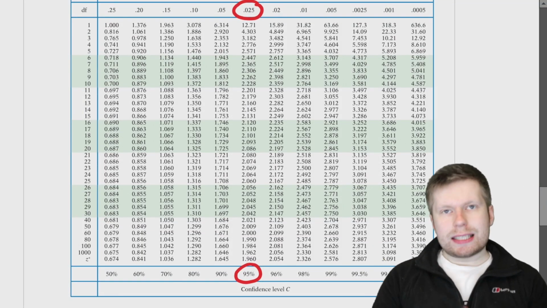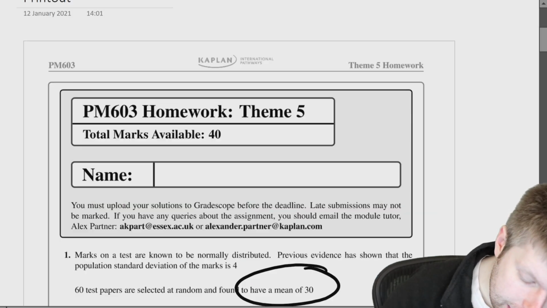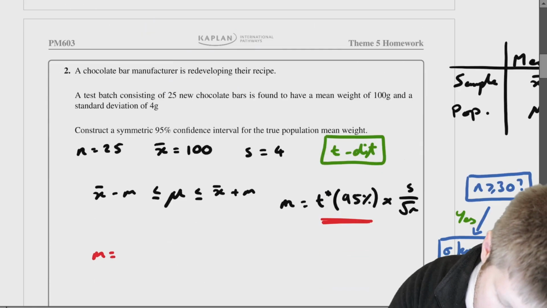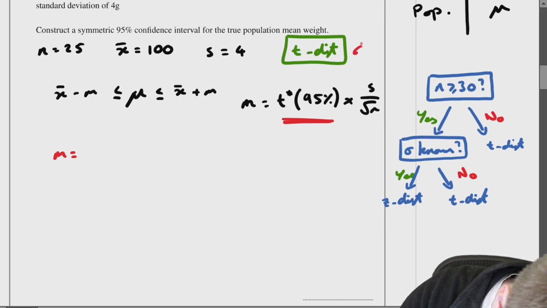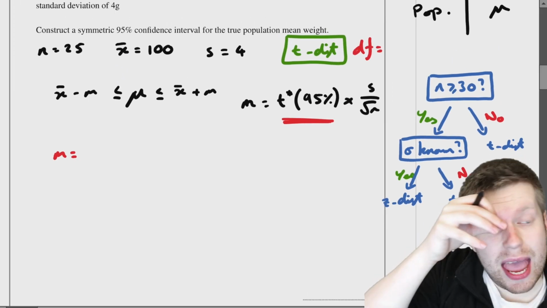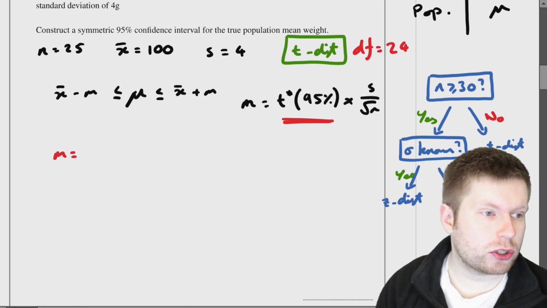Now, with the t tables, I also need the degrees of freedom. Degrees of freedom are really easy to calculate. Just remember that the degrees of freedom is always going to be equal to n minus 1. My sample size in this case is 25, so my degrees of freedom is going to be 1 less than that, n minus 1, so 24.